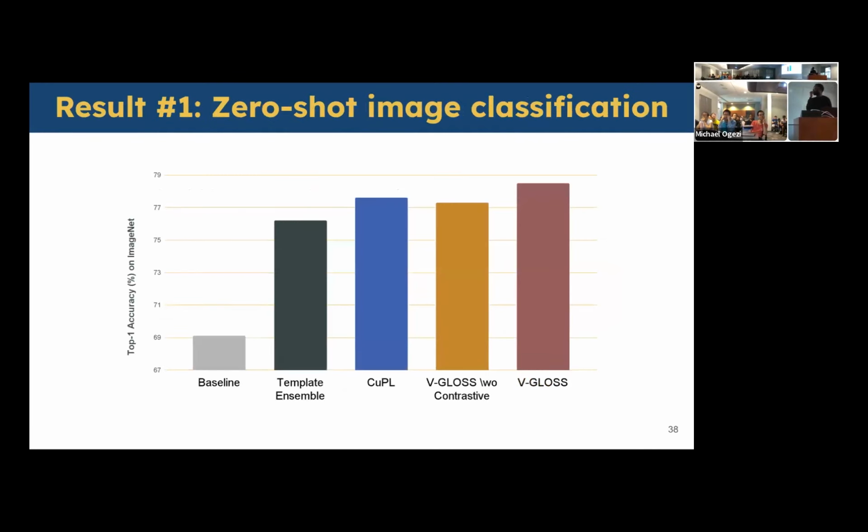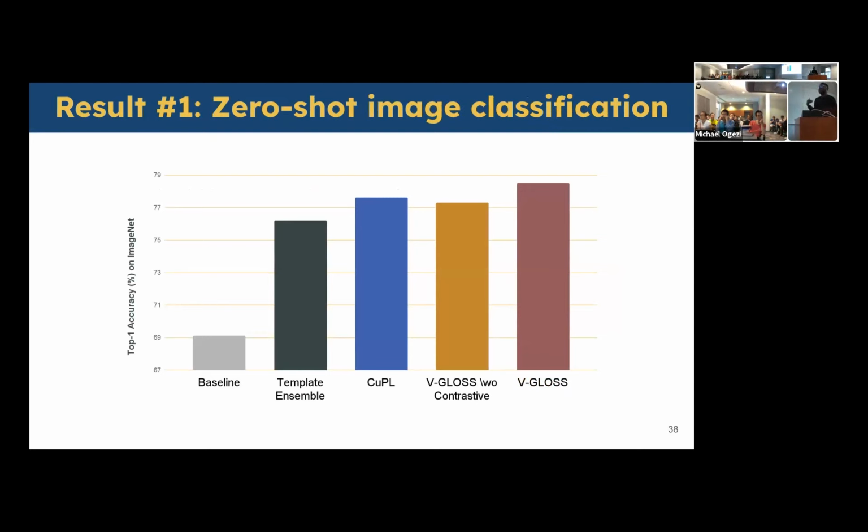Yes, so our results. We see that the baseline performs not great, as we expect. Template ensemble performs decently well for something that is as raw as it is. Pupil performs well.